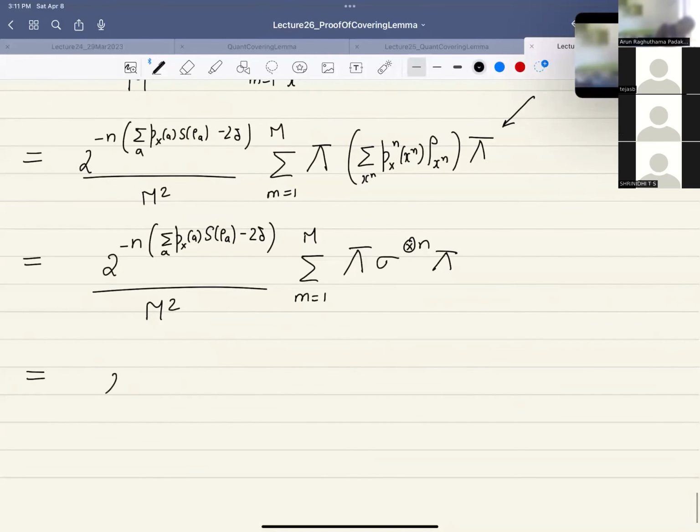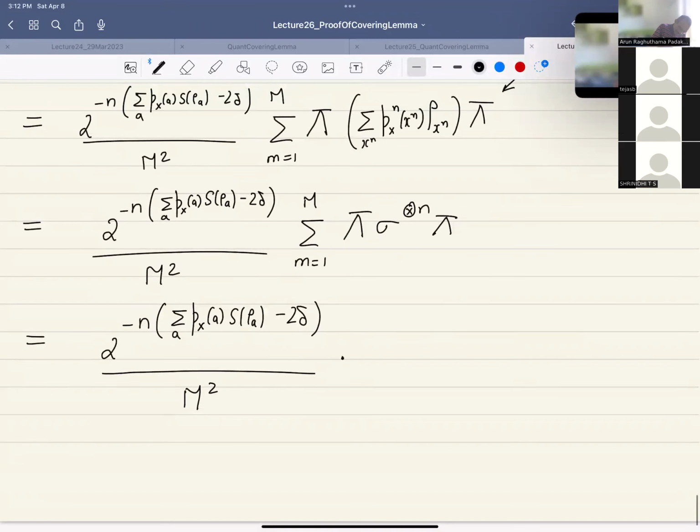So this is 2 power minus n times a px of a, s of rho a minus 2 delta by m squared. Can I say this is at most 2 power minus n times s of sigma plus 2 minus 2 delta pi?